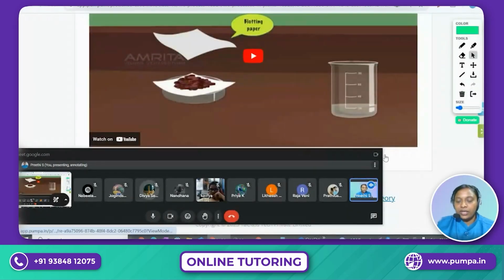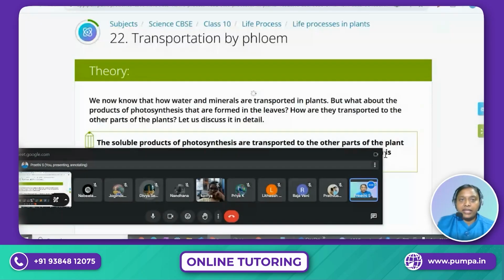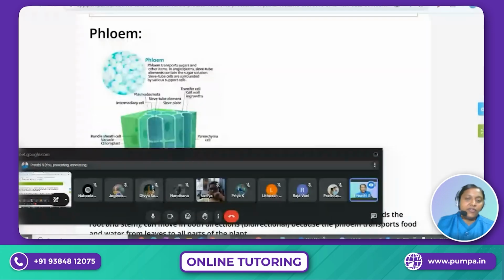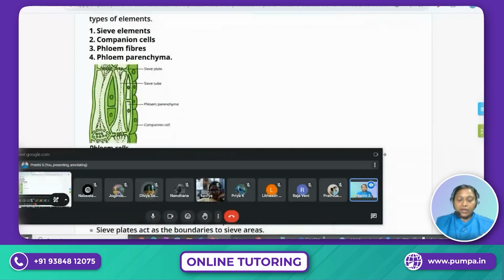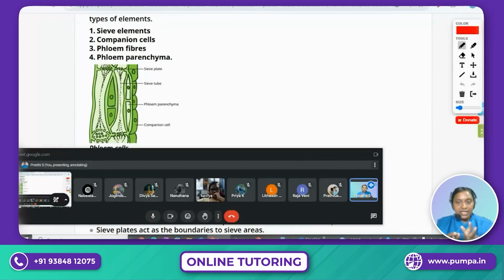Next to it, we will see about the phloem. Phloem is bidirectional. In xylem, are living cells abundant or dead cells abundant? Which will be abundant?